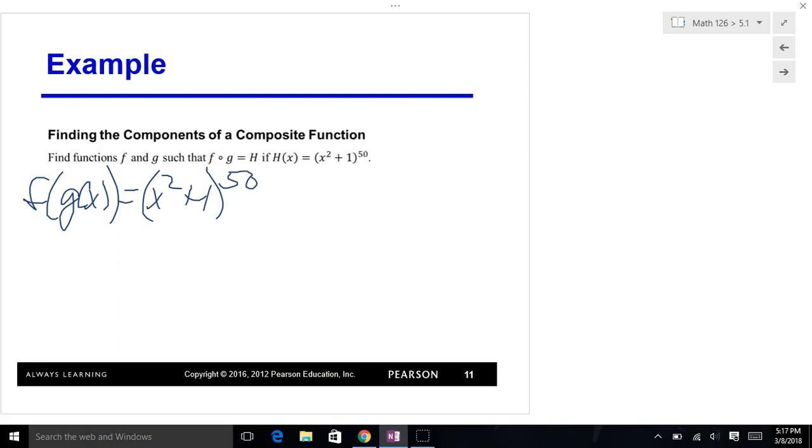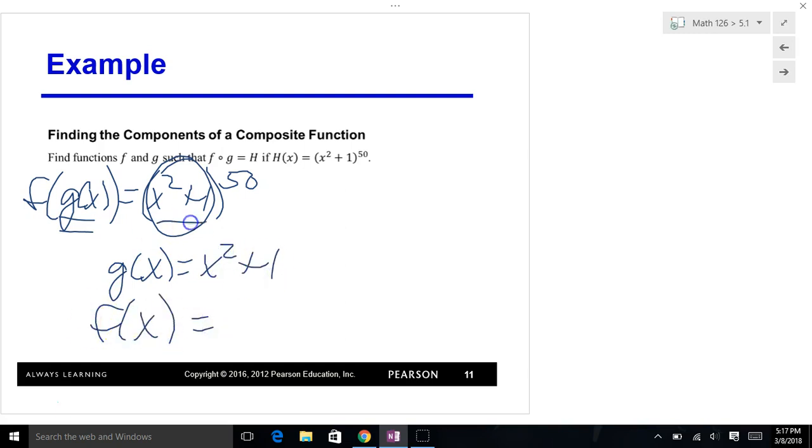So I make my inside part, if you will, my g. So my g of x is x squared plus 1. And then I make my f of x, whatever that junk is, that junk becomes my x, so that's my x to the 50th.